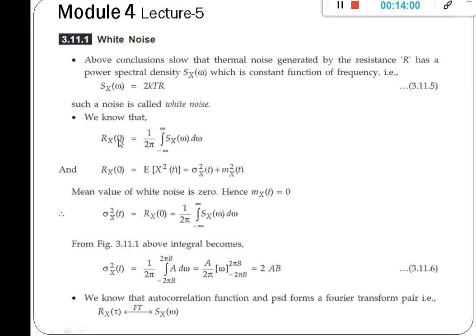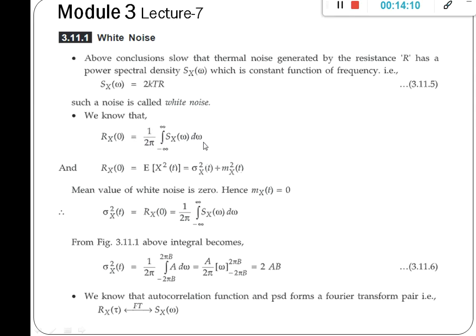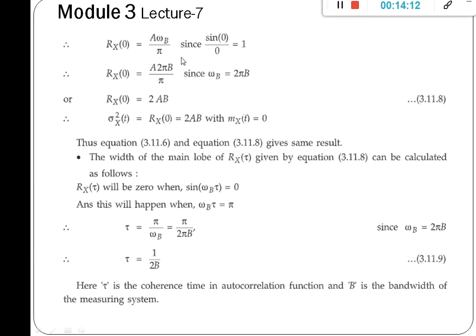So in this equation, when Rx of 0 is written as 1 divided by 2 pi, we substitute Sx of omega as A, then the equation would be Rx of 0 is equal to A into omega B divided by pi. Since sine of 0 by 0 is 1, we get this, and Rx of 0 is equal to A into omega B, and omega B is nothing but 2 pi B. So this is equal to 2 into AB from the previous equations.